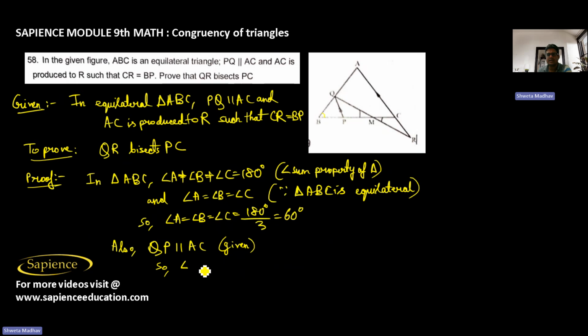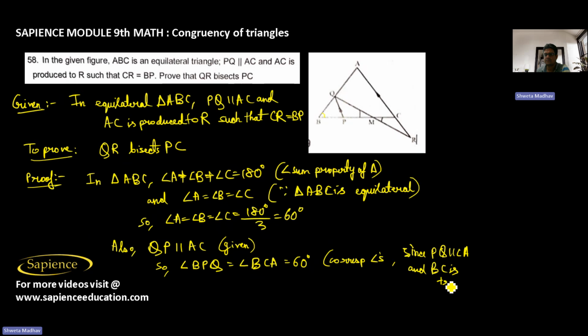So we can say that angle BPQ is equal to angle BCA, which will be equal to 60 degrees, since they are corresponding angles. Since PQ is parallel to CA and PC is the transversal.